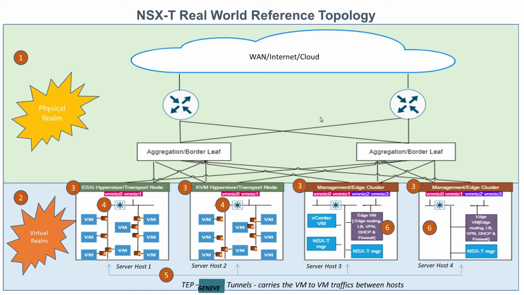With this, let's move on to my sixth design point. In this, we are specifically discussing the edge clustering, where all the edge services like edge routing, edge firewalling, also known as north-south firewalling, load balancing, VPN, NAT, service insertion, physical to virtual gateway functions, DHCP, all of these things are done on your edge clusters, right?